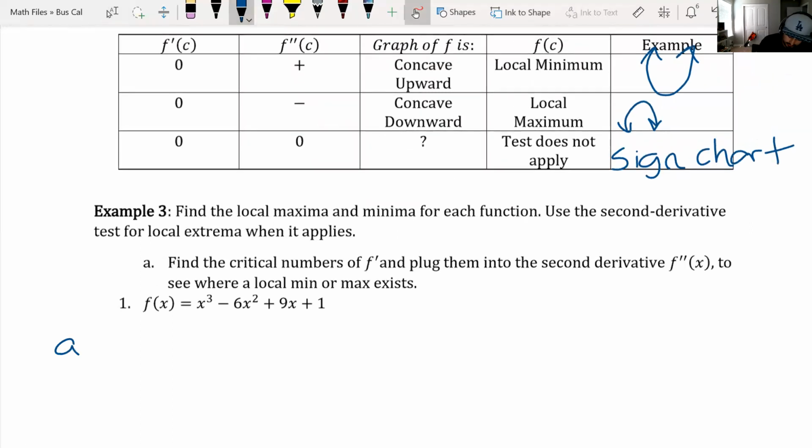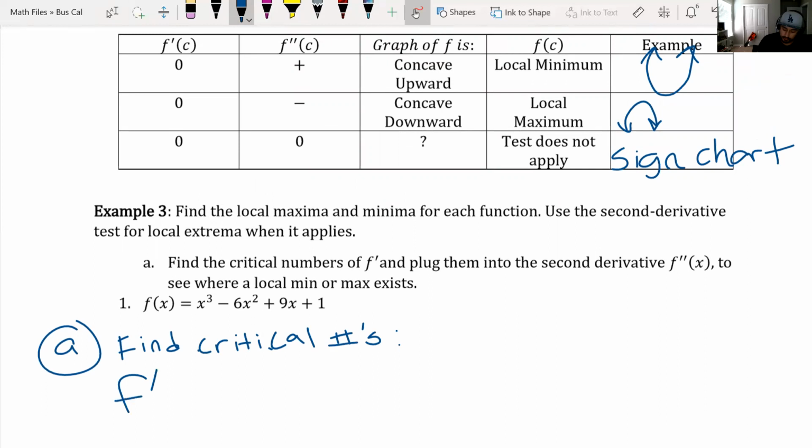So let's say step A, find the critical numbers. And to do that, that means we take the first derivative, which gives me 3x squared minus 12x plus 9.